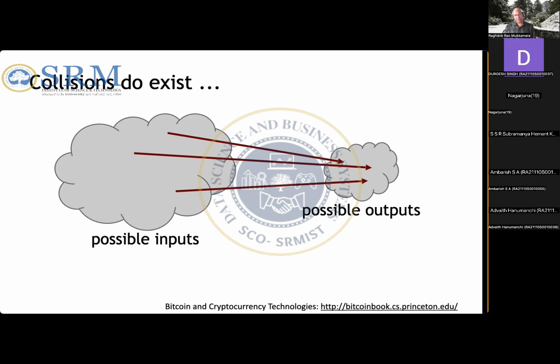So the total number of values you can have is nothing but 2 to the power of 256. On one hand, you have infinitely many values, but on the other hand, you are mapping them to a smaller space. So definitely collisions exist.